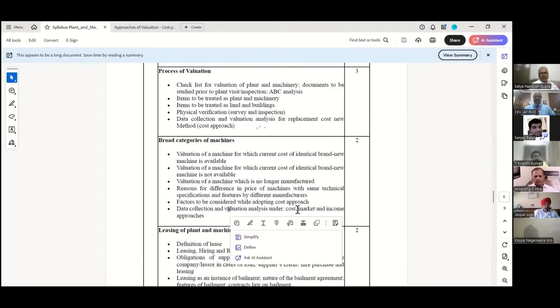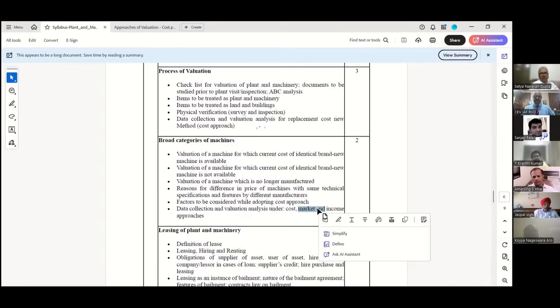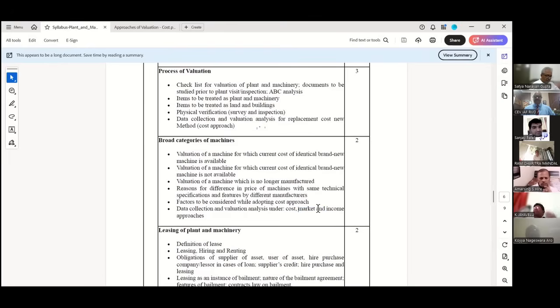अब मार्केट अप्रोच के लिए क्या डेटा कलेक्ट करोगे आप व्हेन यू अडॉप्टिंग द मार्केट अप्रोच? First, we'll find out the present specification of the subject machine, and we'll find the similar or identical machines, whether they are available in the market or not, and we'll categorize those available machines as per date and cost of the time of sale, and we'll make adjustments.